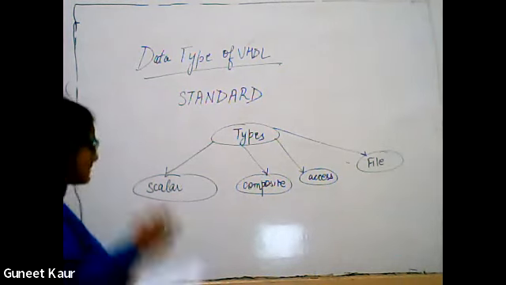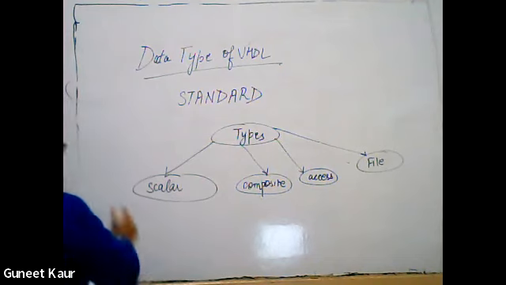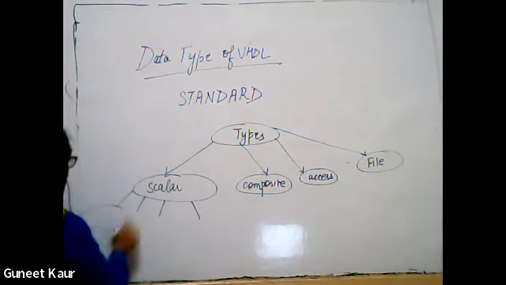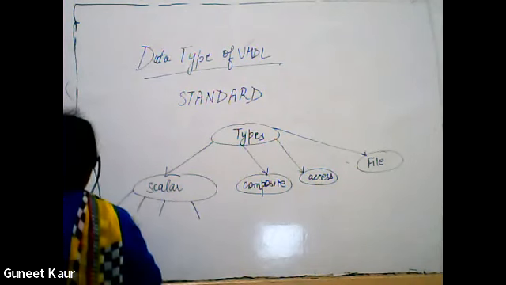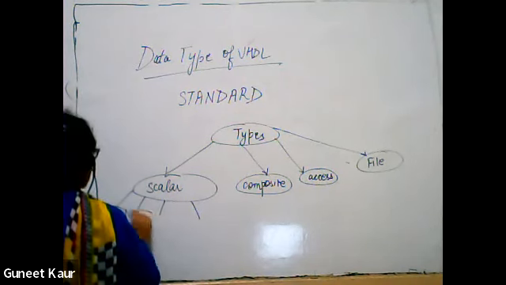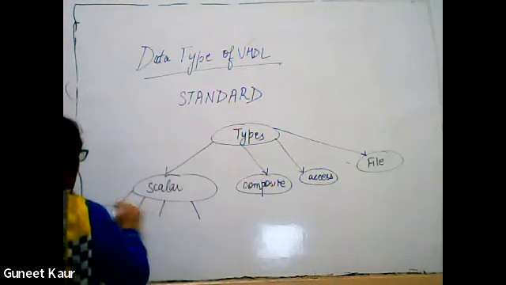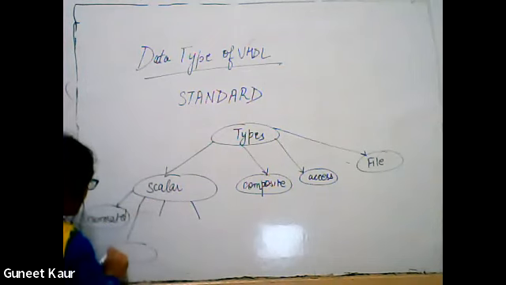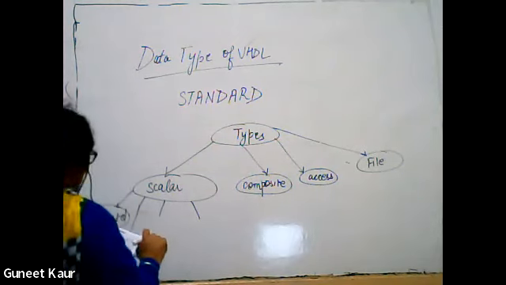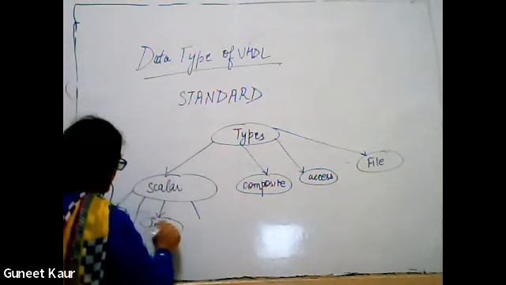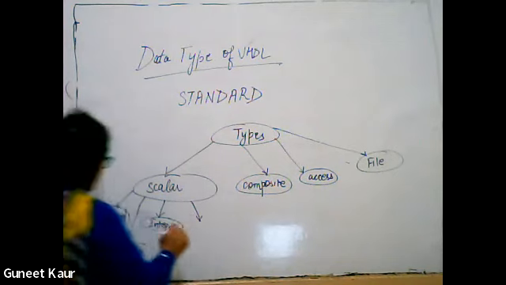Further, scalar is also divided into 4. First is enumerated, second is physical, third is integer, and fourth one is floating.